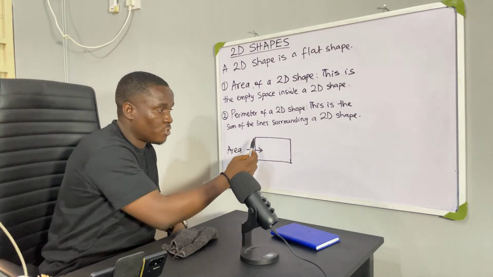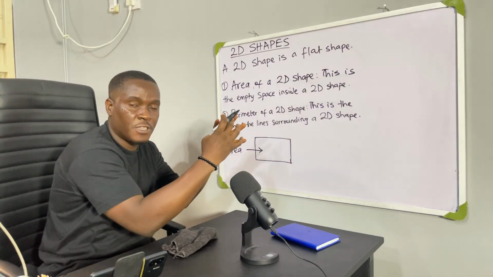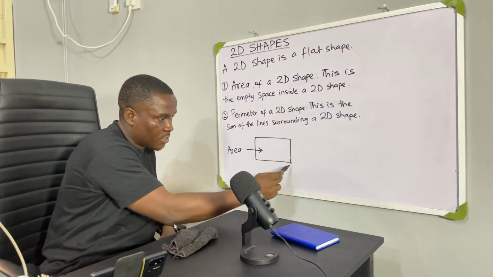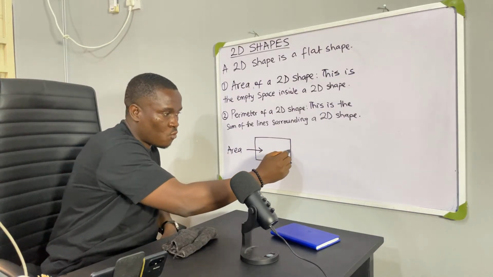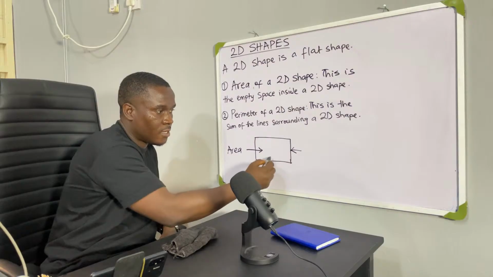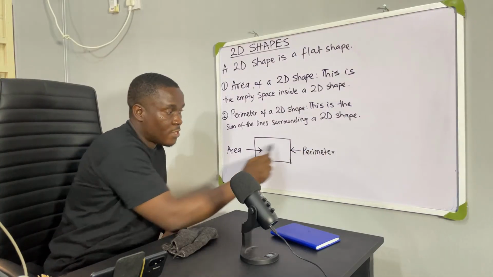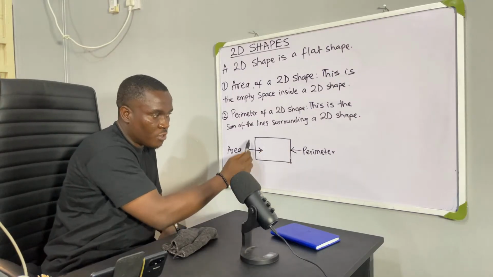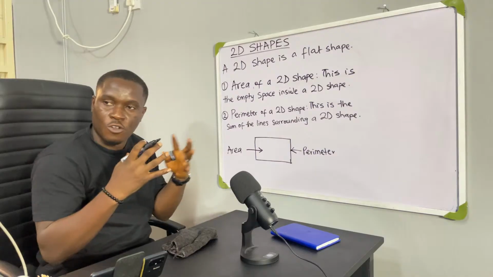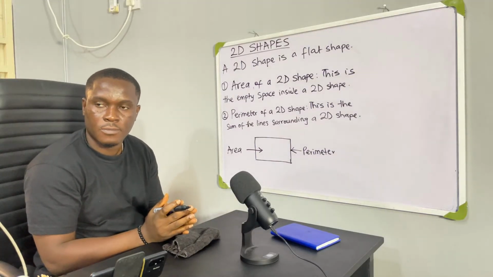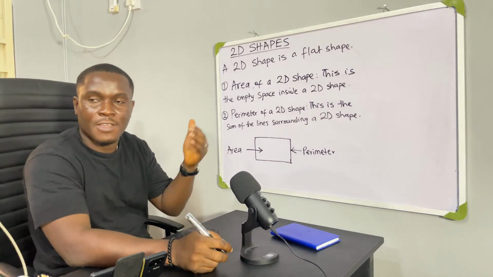And then you're also going to see that for this to have a definite figure, there must be boundaries, right? When you add those boundaries together, that's the perimeter. If you know their dimensions and you add all of them together, you've gotten the perimeter. Good. So you cannot have a 2D shape that does not have area and perimeter.